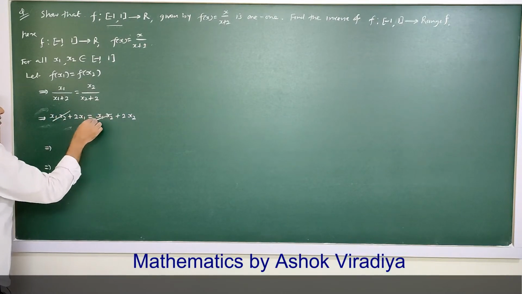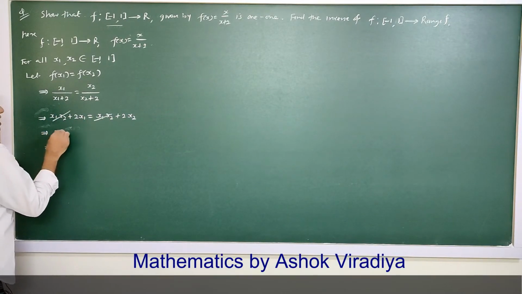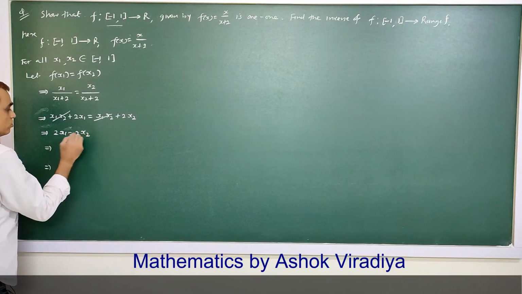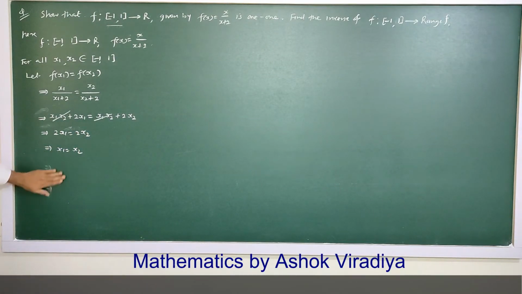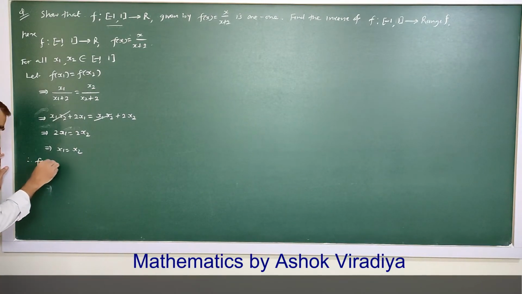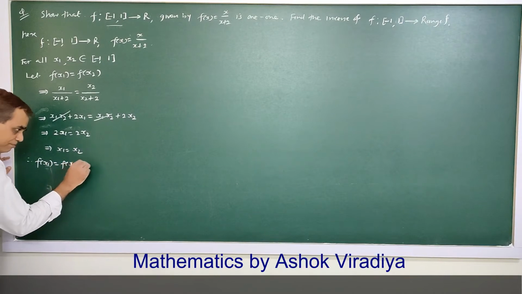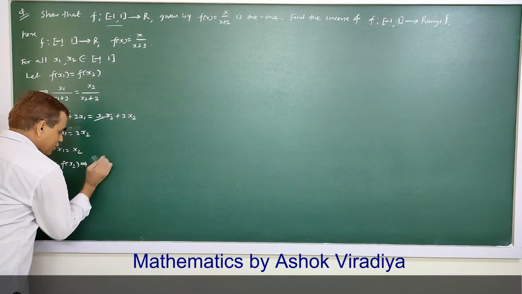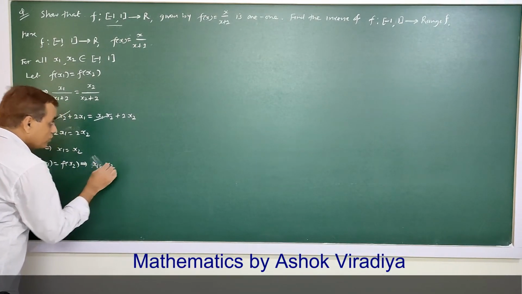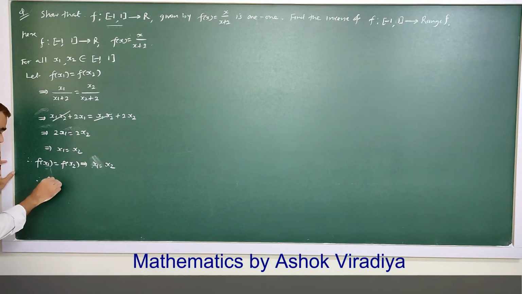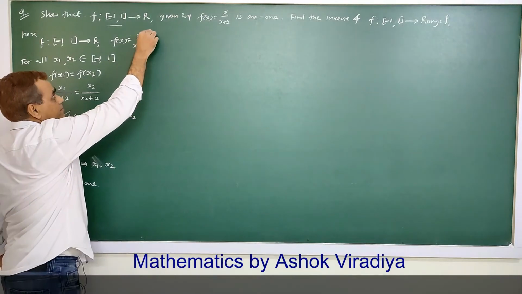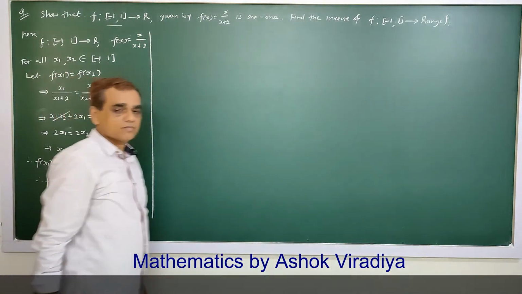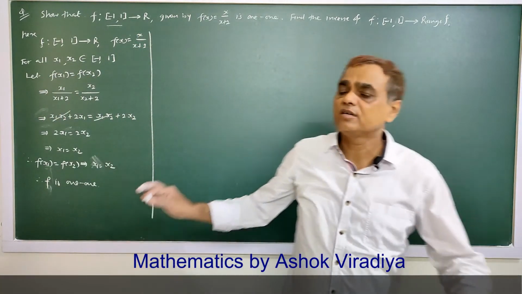This is cancelled. So 2x1 equals 2x2, so x1 equals x2. So what is proved? Therefore f(x1) equal to f(x2) implies x1 equal to x2. So the given function is a one-one function. This was the first part of the answer.